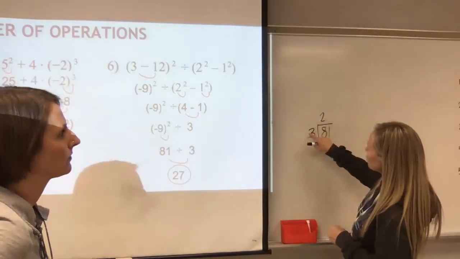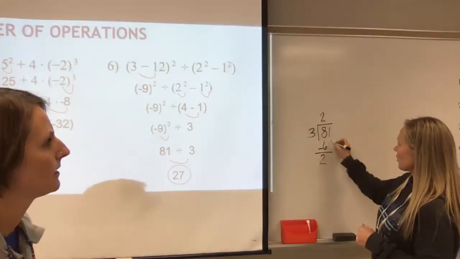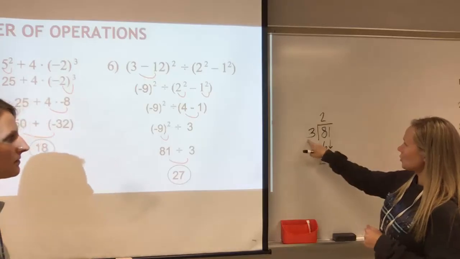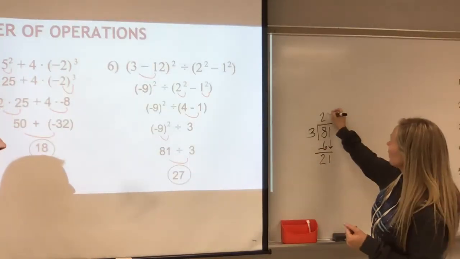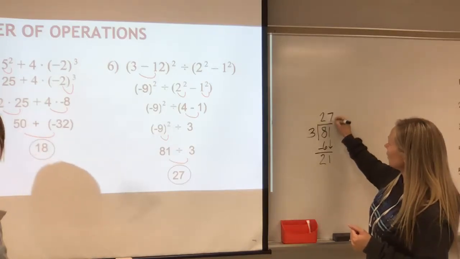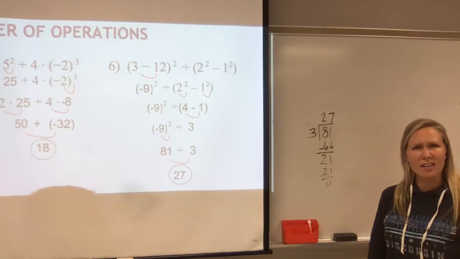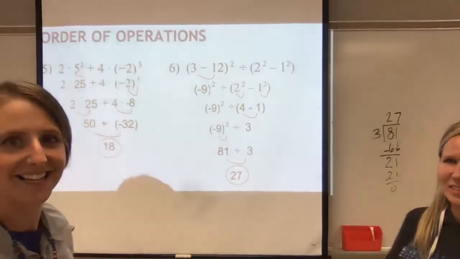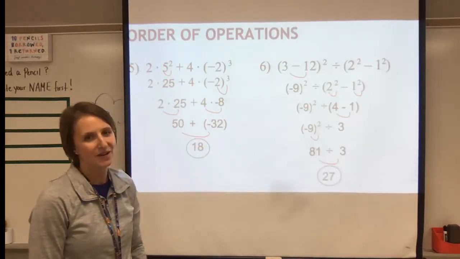Now 2 times 3 is 6, so I'm going to subtract. I get 2. Remember, we bring down the 1. Now, how many groups of 3 make 21? Well, that's exactly 7. 3 times 7 is 21. No remainder. It is 27. So 81 divided by 3 gives us 27.